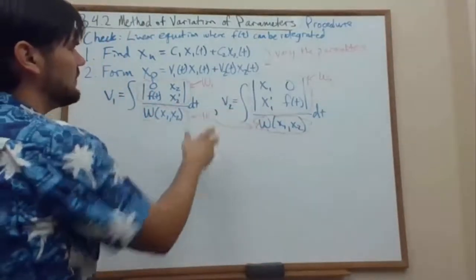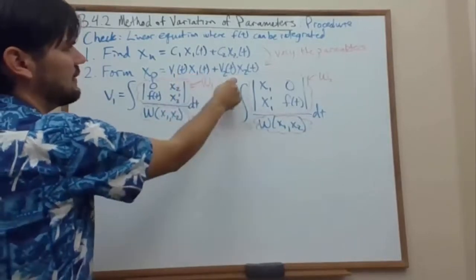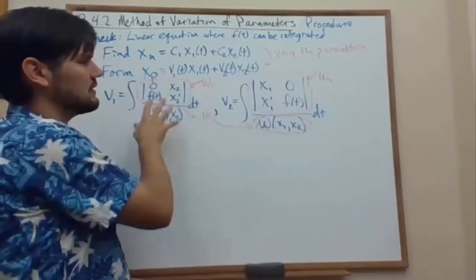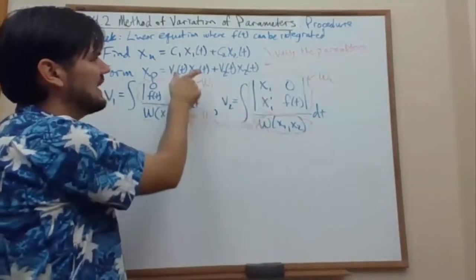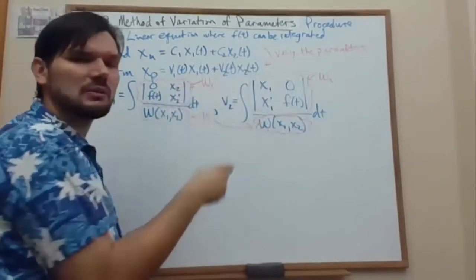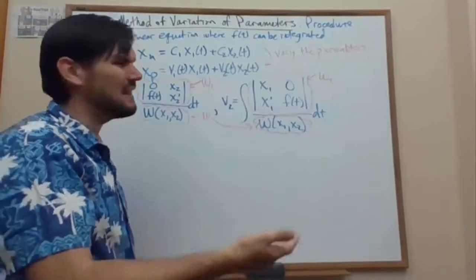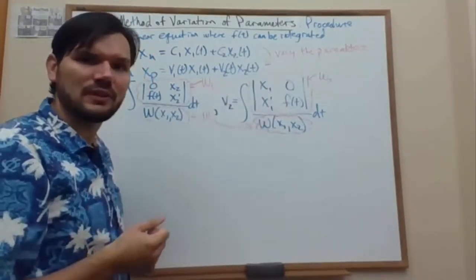So that immediately gives us the pieces we scale x1 by and we scale x2 by. Notice that these will be functions. V1 is a function of t, V2 is a function of t, and they scale x1 and x2 in a nonlinear way to form the particular solution that gives you the right-hand side function, that forcing function.